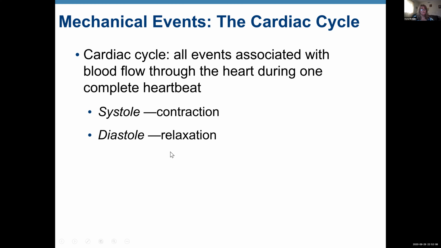Okay, so again, we're talking about the cardiac cycle, but now we're talking about mechanical events. And mechanical events include the heartbeat, right? So opening and closing of the valves. And when they close, we can hear the sound. It also includes systole or contraction and diastole or relaxation.